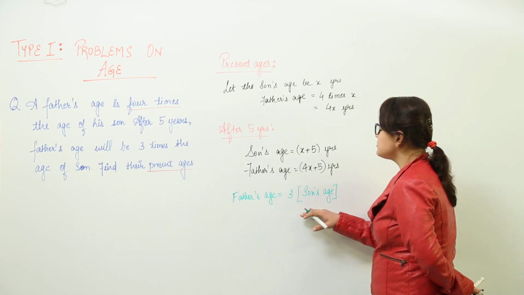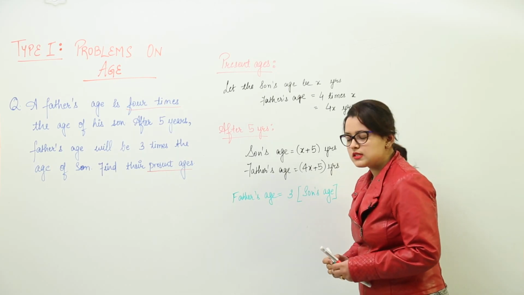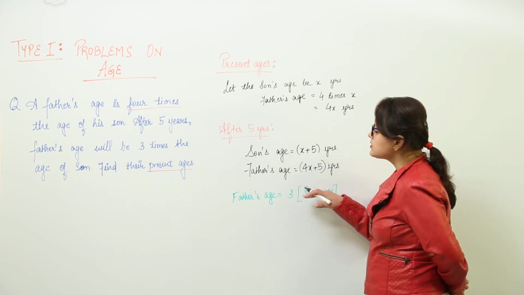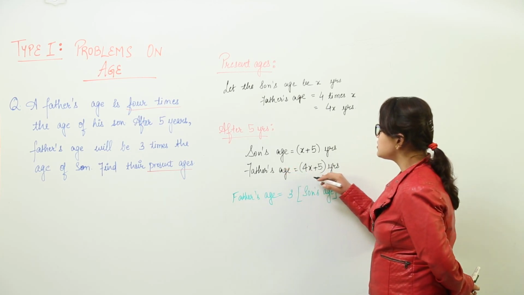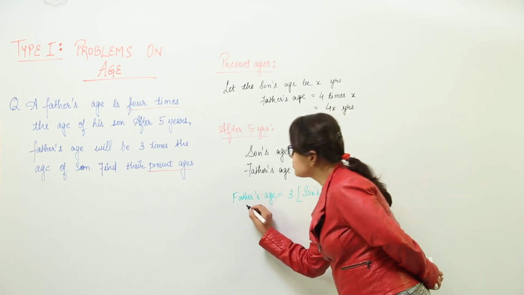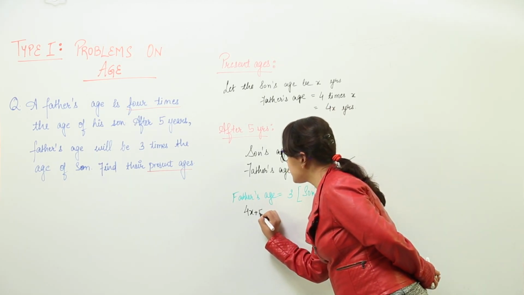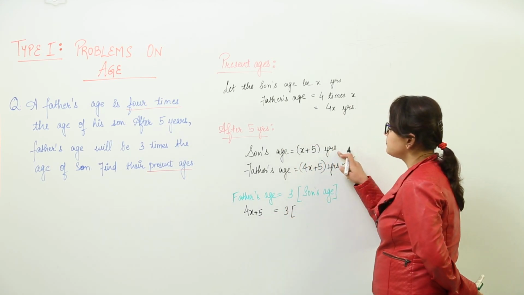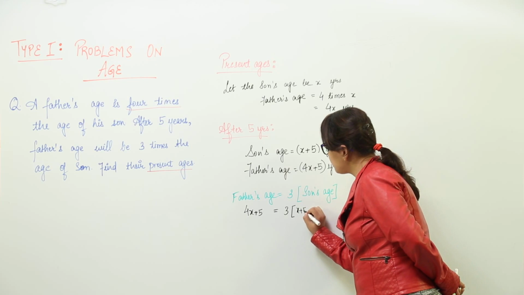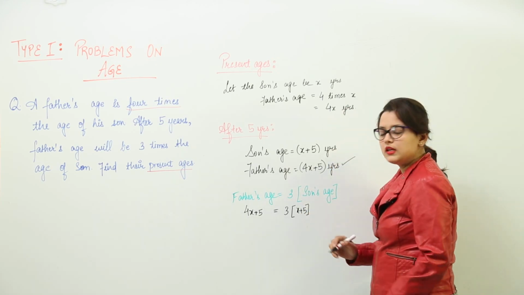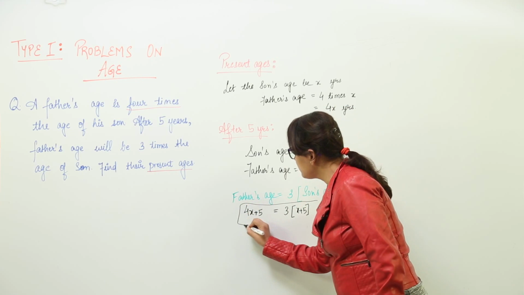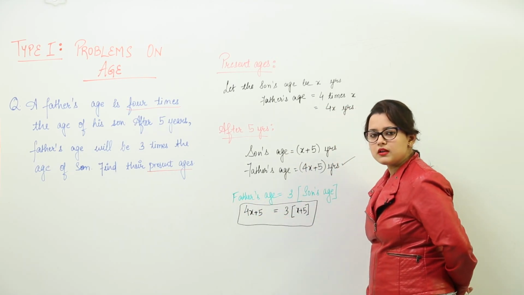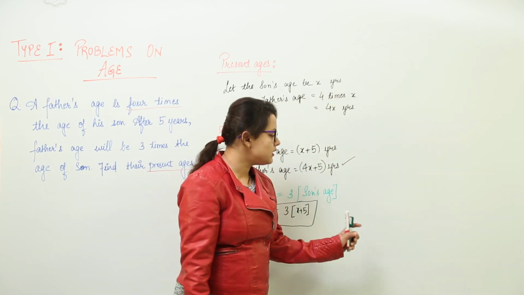The father's age was 4x plus 5, so we write 4x plus 5 equal to 3 times the son's age, which is x plus 5. Now we have got a linear equation. Why is it linear? Because the variable x has the highest power of 1.